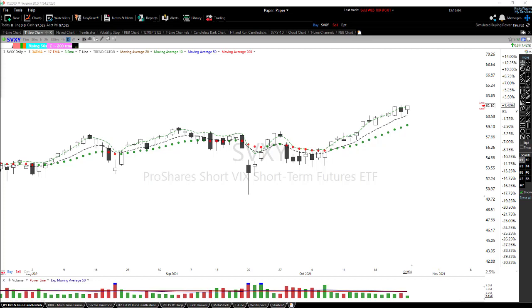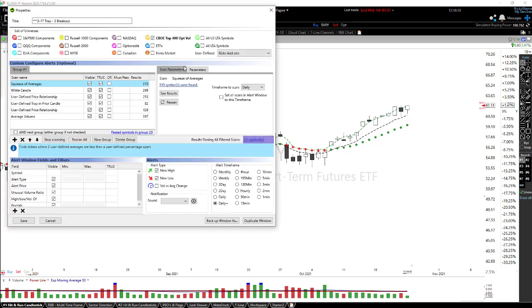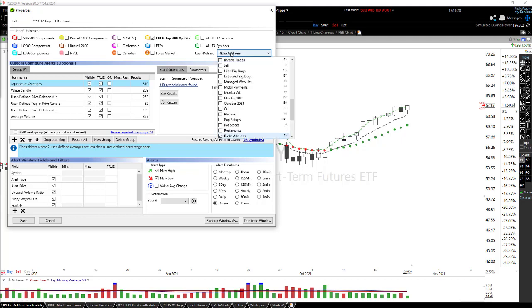And another thing I want to show you is my watch list is a CBO 400, which is 400 stocks. And then I've got some add-ons, like a couple of stocks that are in there, and the spiders are in there, because all the spiders are not always in this.